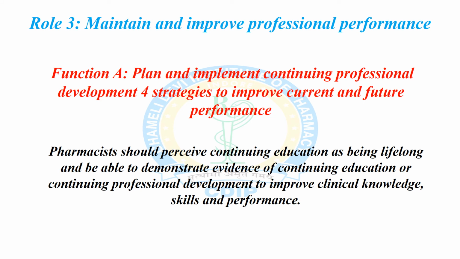Role number 3 according to GPP is maintain and improve professional performance. Under this, the function would be plan and implement continuing professional development, and follow strategies to improve current and future performance. That is, pharmacists should perceive continuing education as being lifelong and be able to demonstrate evidence of continuing education or continuing professional development to improve clinical knowledge, skills and performance.